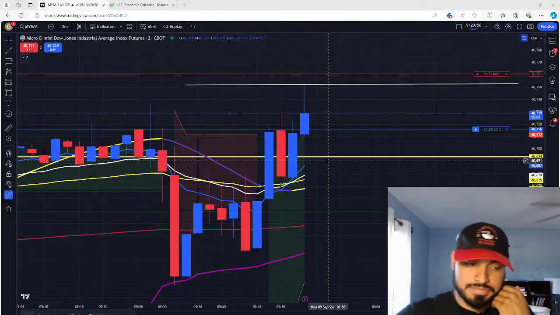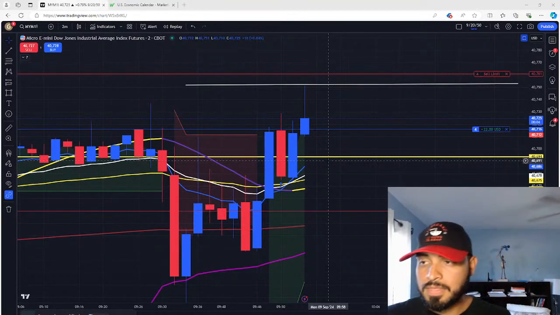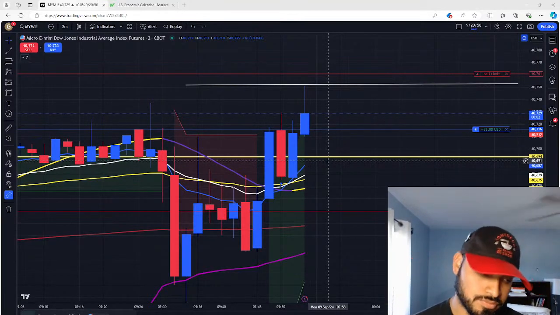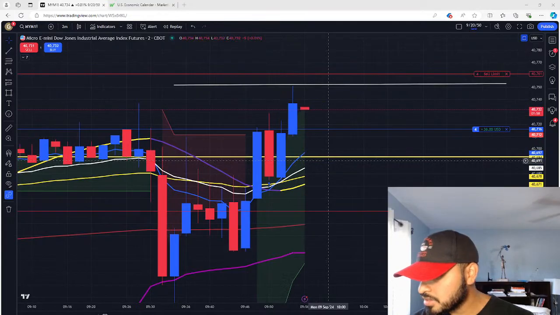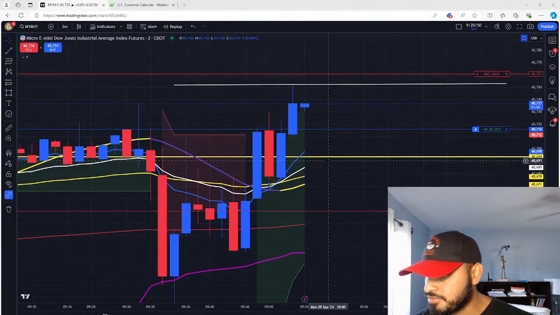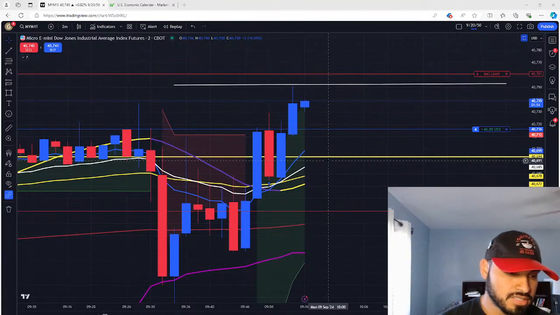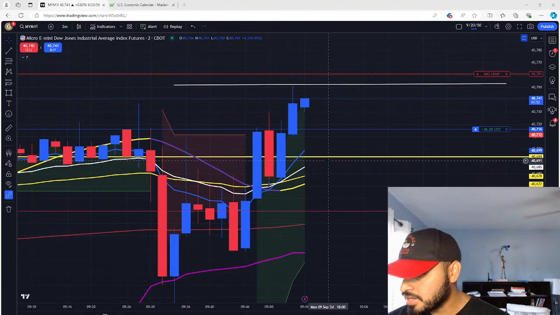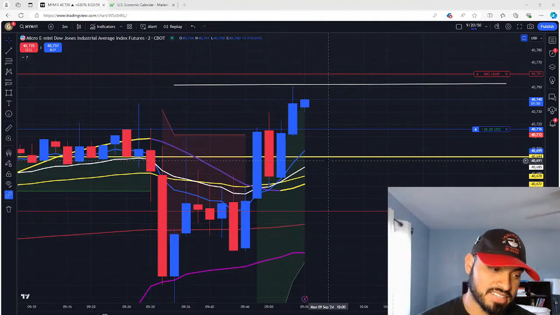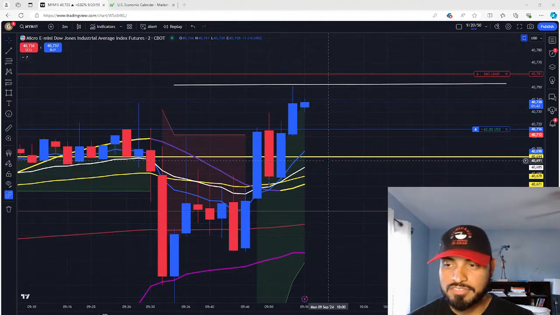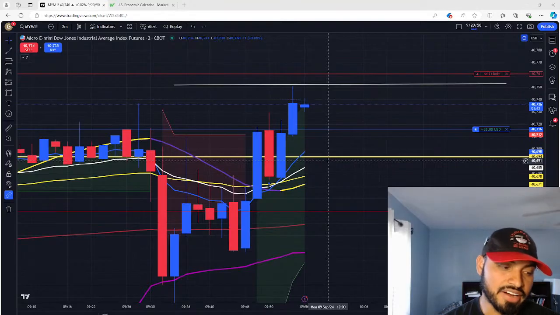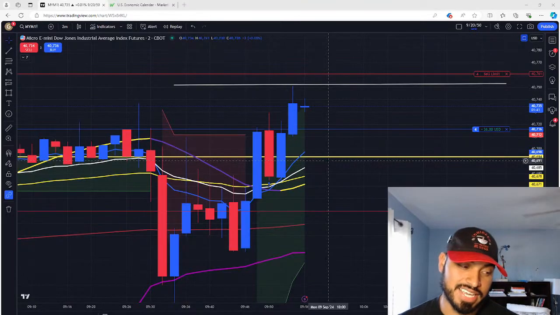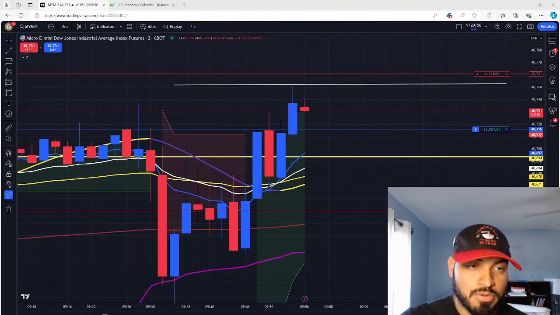Let's see what happens here. I have a level around 47.62. Believe I plotted from the 1 hour, maybe. So that's a good reference point. Thank you, E. So I have a good take profit area. So let's go ahead and see if we can actually hit that. I'm gonna move my stop a little bit more.